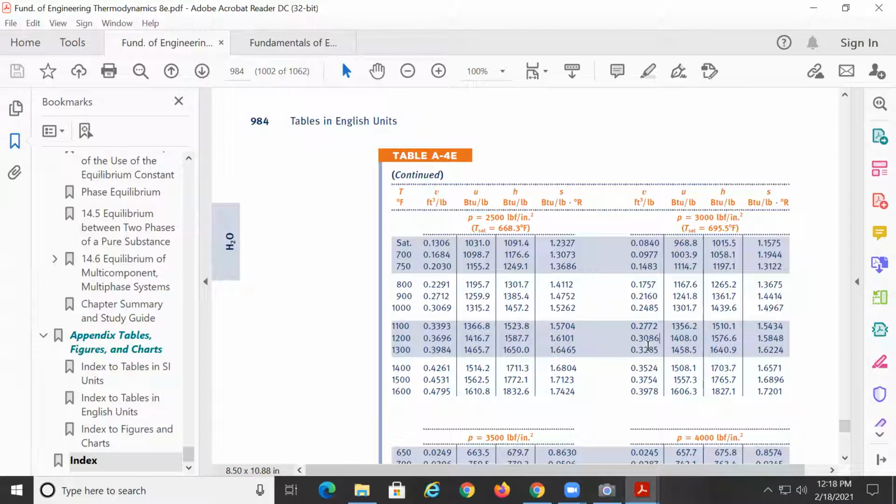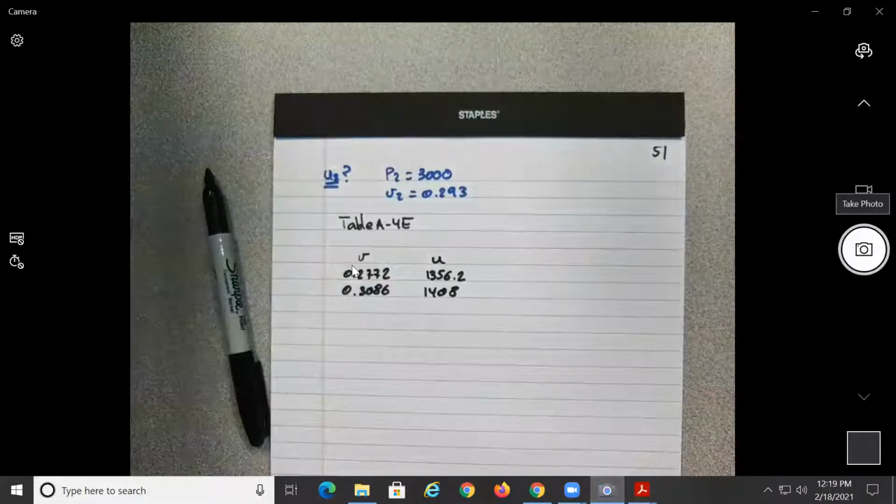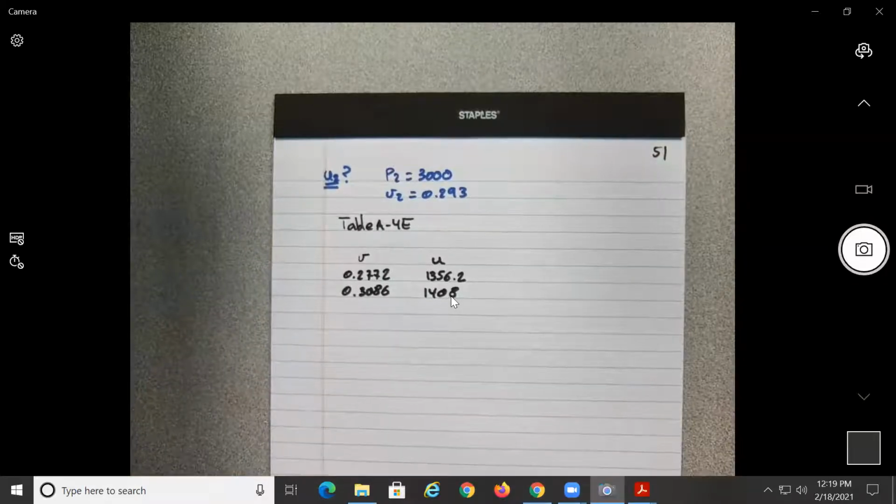So basically, I'll show you what I just wrote over here. From the table A4E, for V 0.2772, the internal energy is equal to 1356.6, and at 0.3086, the internal energy is equal to 1408. Okay, so what we need to do is interpolate.